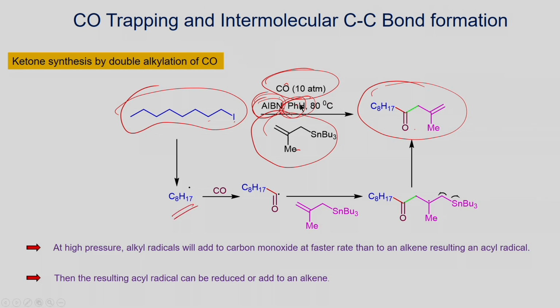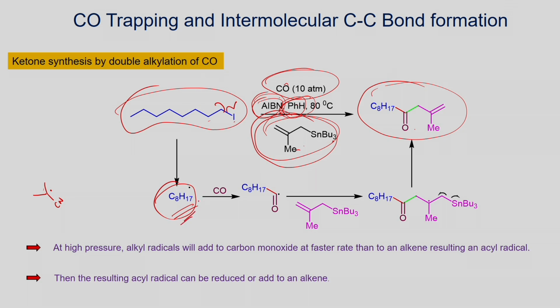As we have just seen, when you have the AIBN and this allyl tin reagent, AIBN can convert into this radical. This radical now, through homolytic cleavage, can give this alkyl radical.